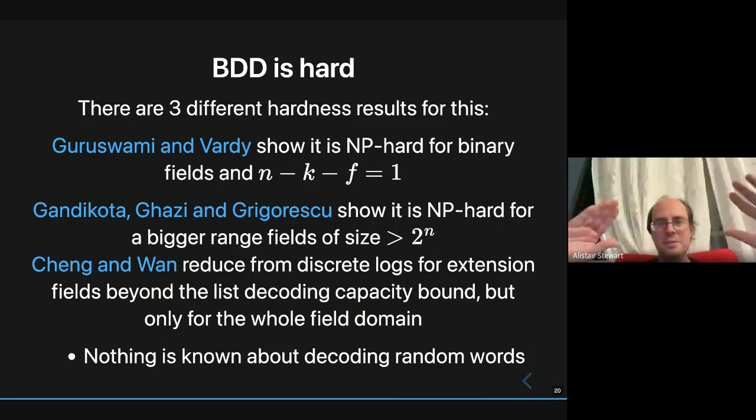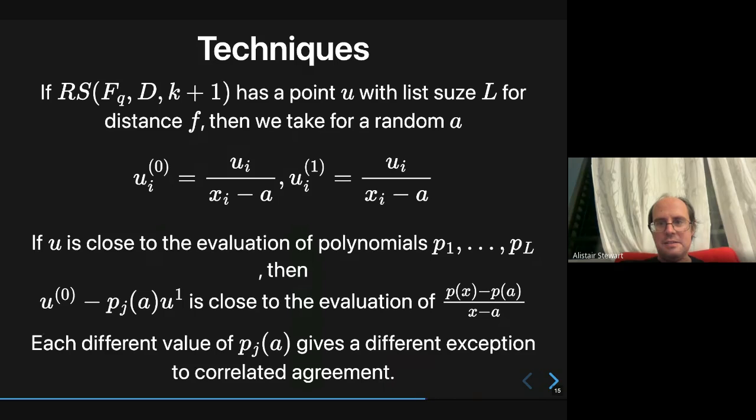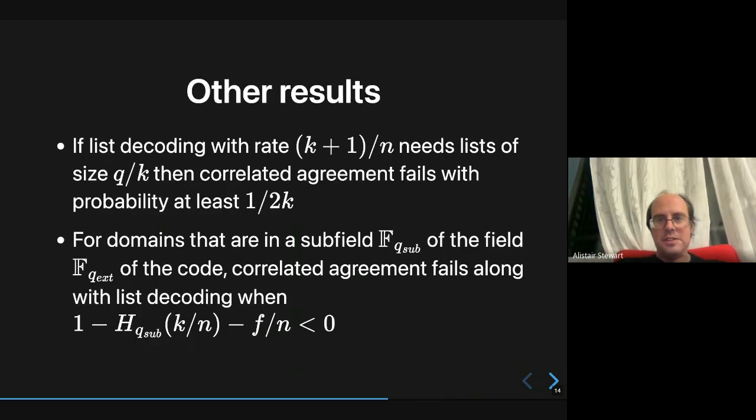Yeah, there were two more things I wanted to explain. One of them was this one, which I can try and give some detail on. The other is that we have two more results in our paper beyond the one that's equivalent to Ben and Angus. One of which is that the failure of list decoding implies the failure of correlated agreement, at least for some parameters.